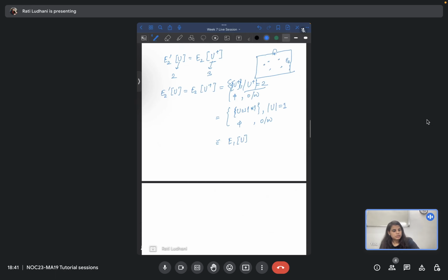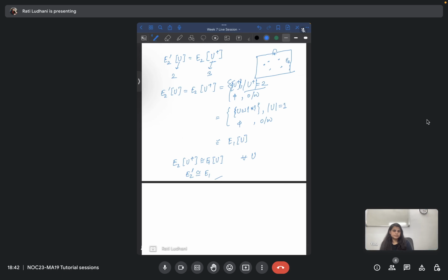Okay, so e2 u plus is isomorphic to, or this is just e to u. So because of this, for every u this is true. Is that okay? What I'm claiming is this is the same as e2 dash, same as e1, is isomorphic to e1.